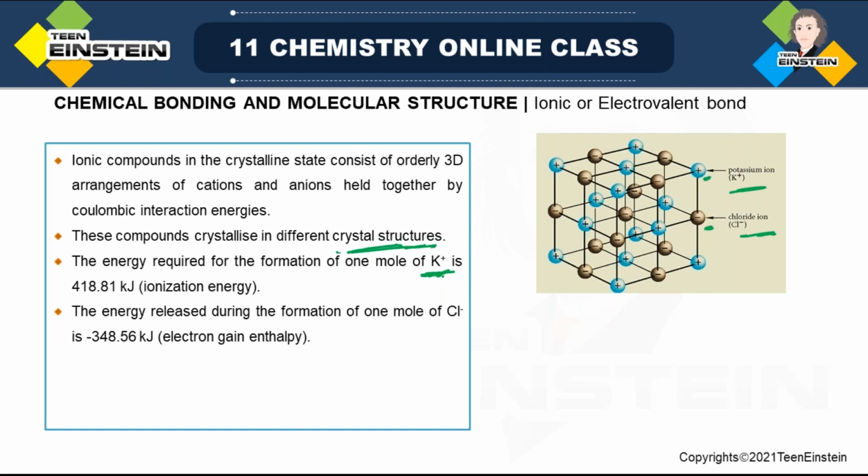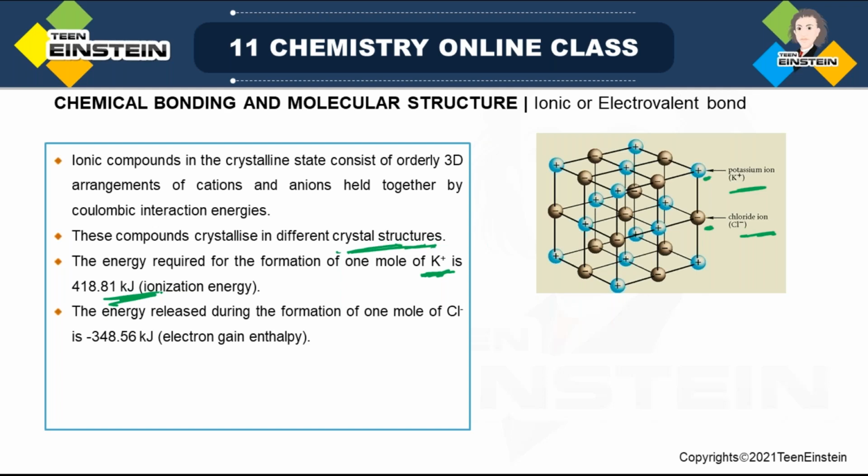So when you are producing Avogadro number of K plus ions from Avogadro number of neutral potassium atoms, you have to apply this amount of energy, which is 418.81 kilojoule. So this is the ionization energy required for the formation of 1 mole of K plus.